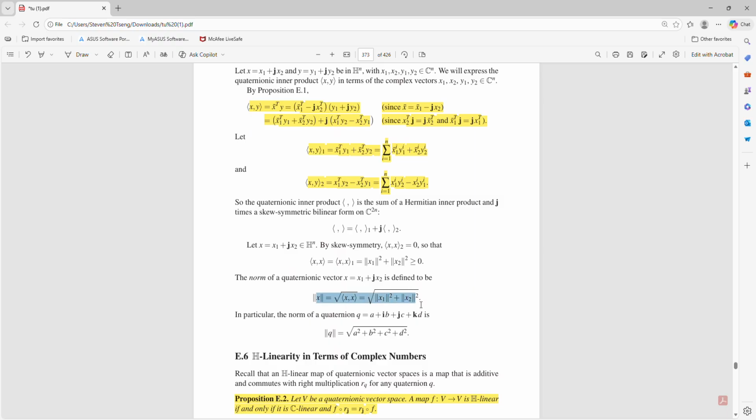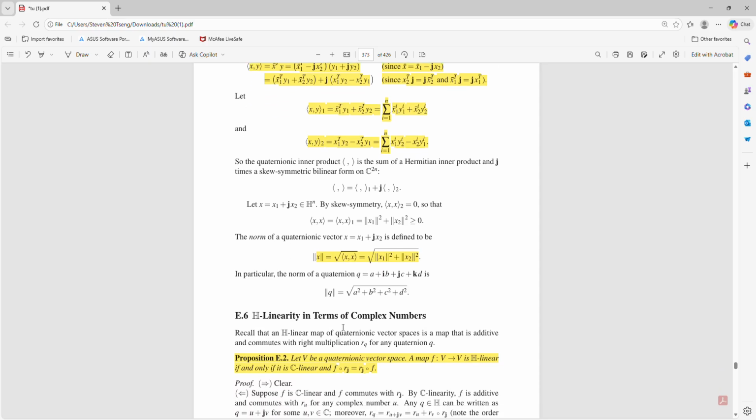And by this equation, we can easily find that the norm of the quaternion number is like this. It is the form of the norm of Euclidean space, just like we think.